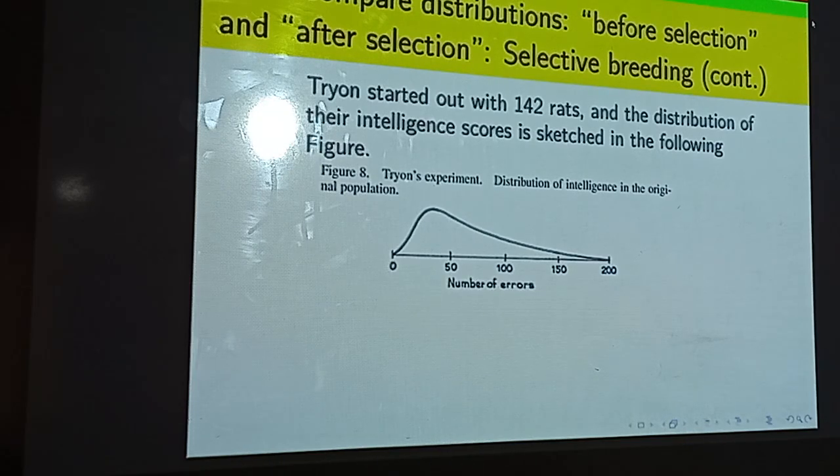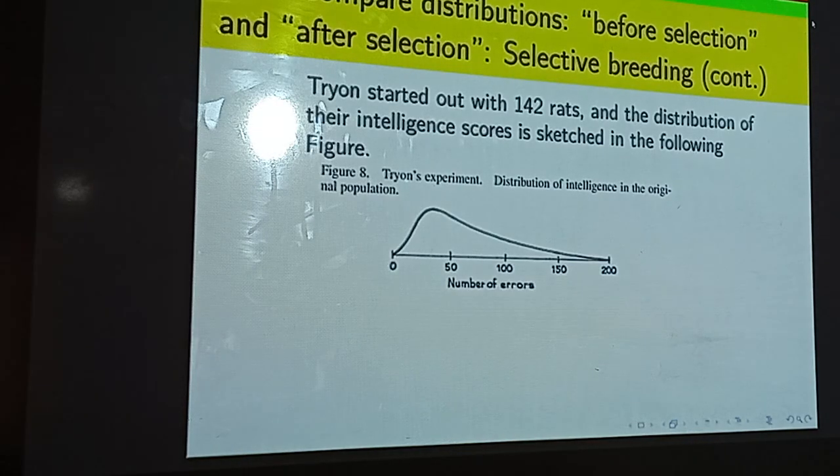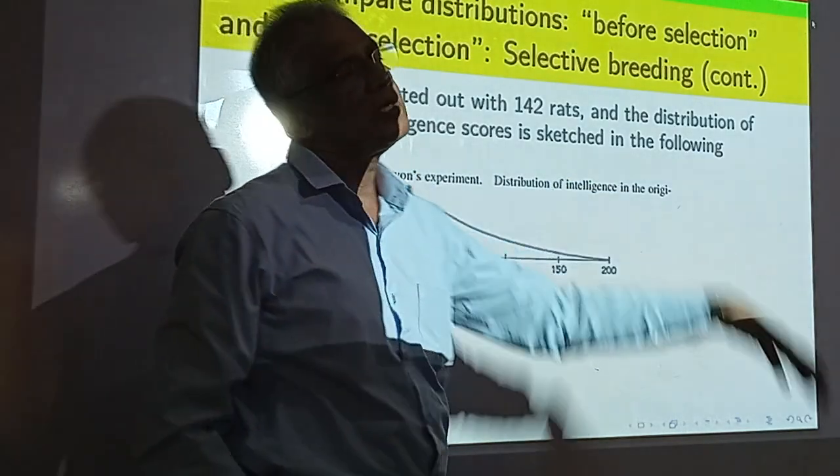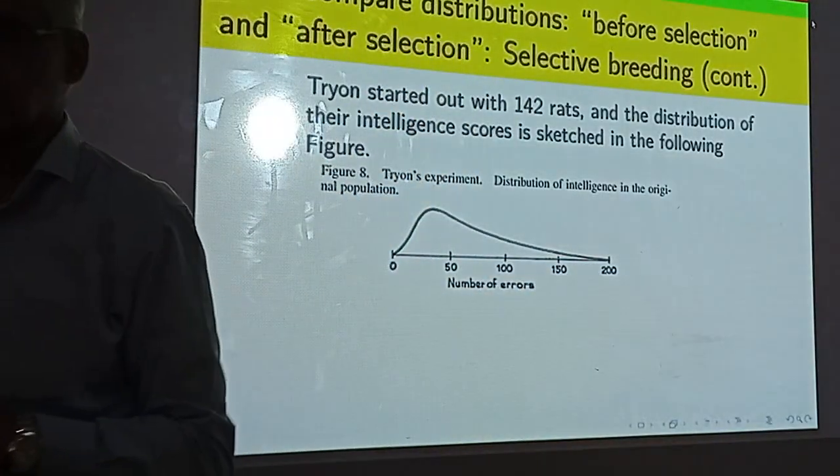I didn't look at this graph carefully until now, and I saw that it's 200. But anyway, a large number of errors was made by only a small number of animals, because the height is short at high numbers of errors. So this was the distribution. It's not a symmetrical one. This kind of shape is called skewed. The skewness is to the right.